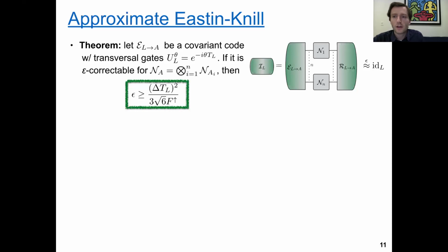Similarly, there was a work by Sisi Zhou, Zhang Liang, and Ziwen Liu, a month after our paper appeared on the arXiv. They also use metrological tools to get a similar proof of the approximate Eastin-Knill theorem, and they did provide codes which got close to the bound. So the bound can be saturated, basically.